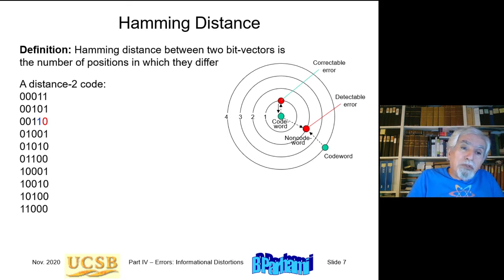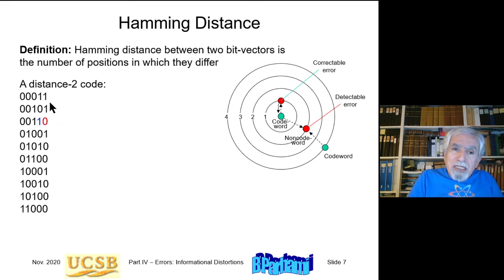So here is a 2 out of 5 code. This was used in the old days, and is sometimes still used, to encode decimal digits, because when you use a 2 out of 5 code, in other words, there are 5 bits in the code, and each code word has 2 ones.